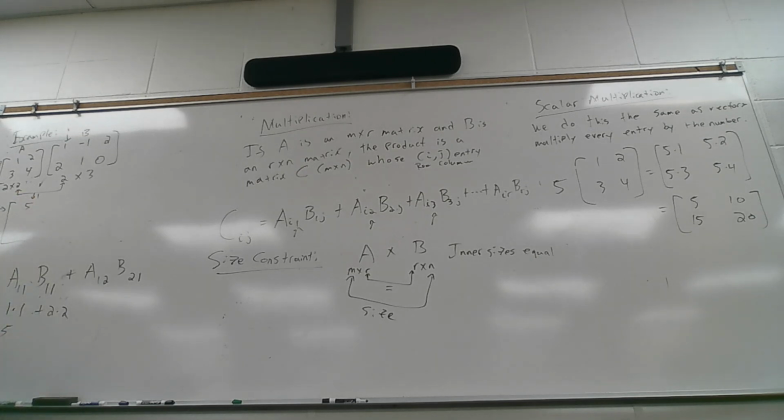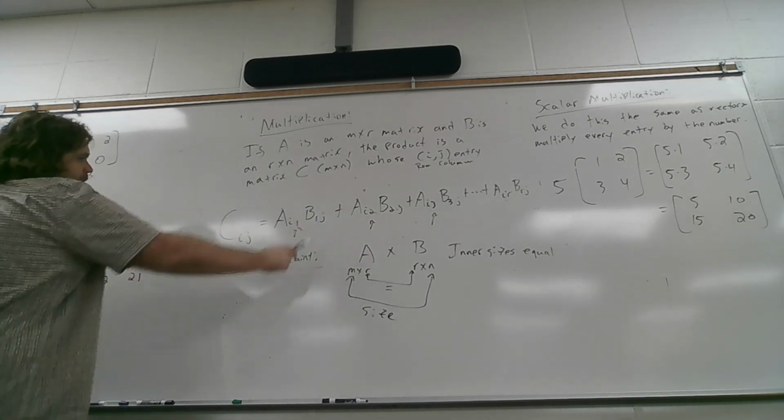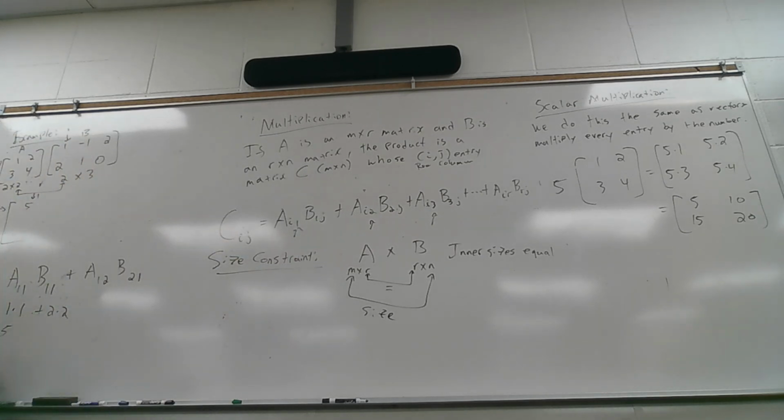But now let's do the next one. So this is going to be C1,2. Same thing, except now this number is 1 and this number is 2. A1,1, B1,2. I'm writing down the formula, but again, we're going to move away from it, so don't worry too much about it.